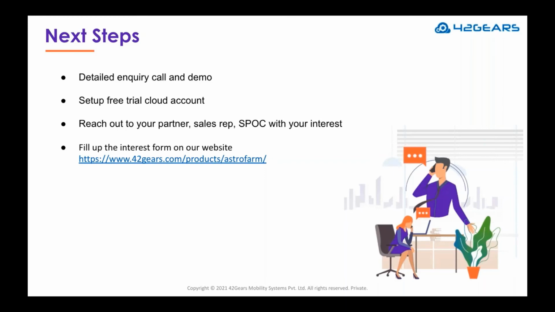Based upon that inquiry, we can also set up a free trial cloud account for you, and you can reach out to any of our partners, sales rep or any SPOC you have with 42 Gears with your interest, and we will definitely get in touch and take it to the next level.